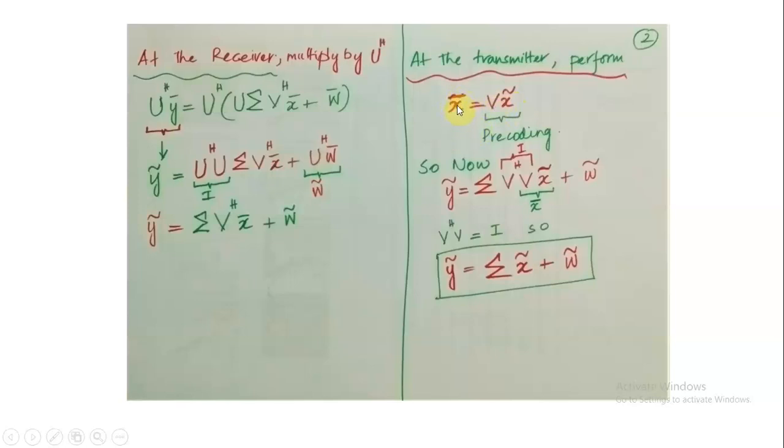So instead of transmitting X directly, multiply it with V. So now the received vector Y tilde would be equal to the diagonal matrix multiplied with V Hermitian, and what we have transmitted is X bar, which is equal to V multiplied with X tilde. We already know that V Hermitian into V is equal to I. So at the end of the day, Y tilde will be equal to the diagonal matrix multiplied with X tilde plus W tilde.